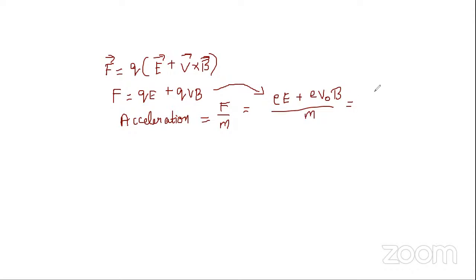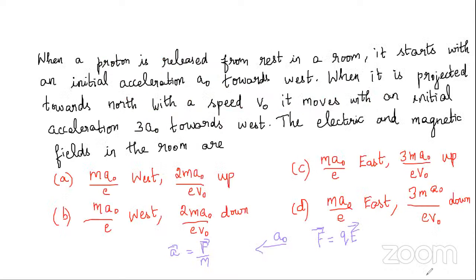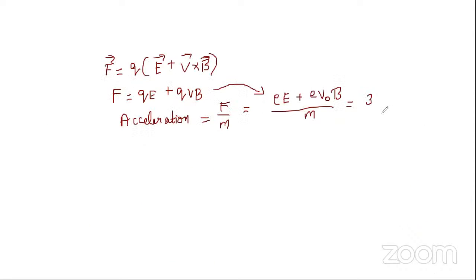It should be along the western direction. It moves with an initial acceleration 3 a naught towards the west. So e v naught B plus e E equal to 3 a naught into m.